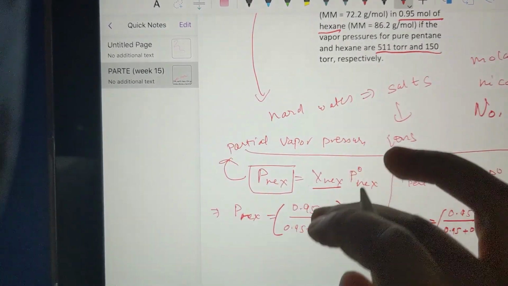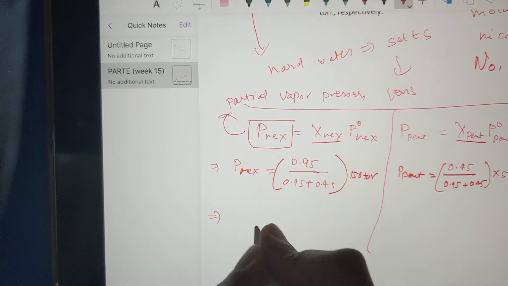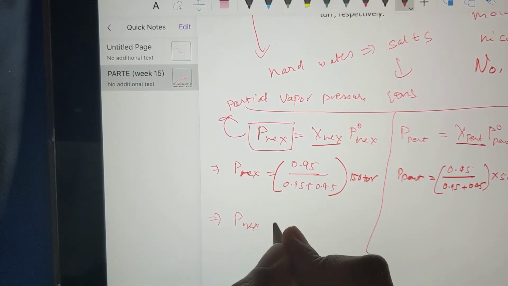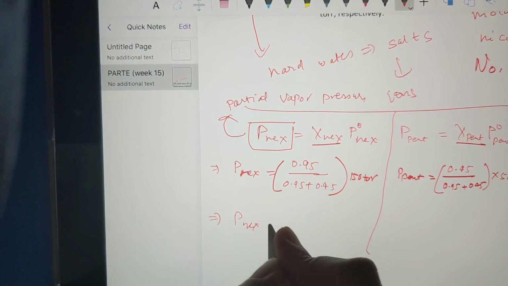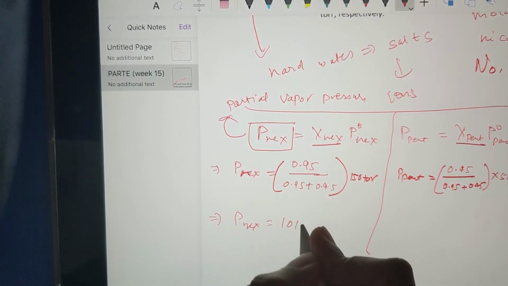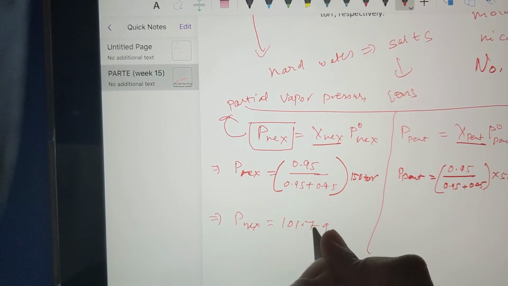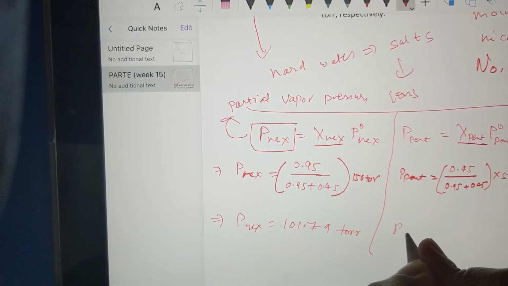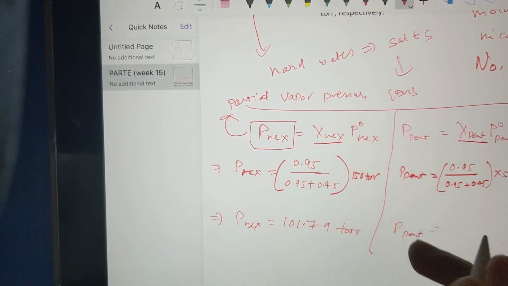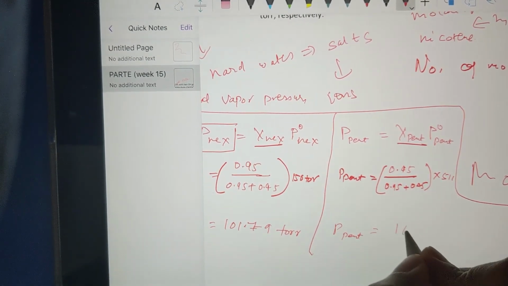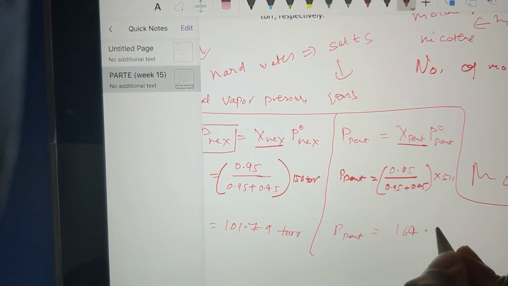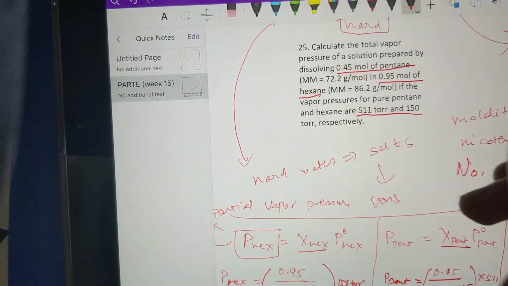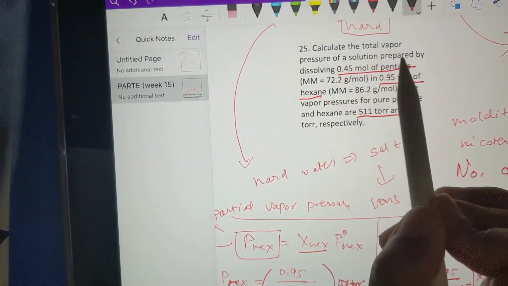Okay, so when you solve that, you're gonna get 101.79, and for this one you're gonna get 164.25 torr.